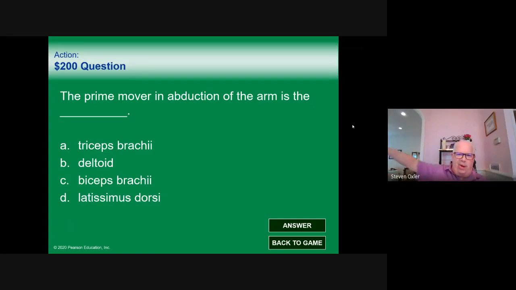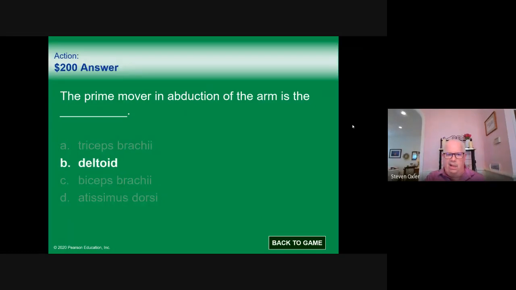Abduction means to take the arm away from the body. I would ask something like this: prime mover in abduction of the arm is the blank. Is it deltoid? Yes, you are correct. The deltoid.